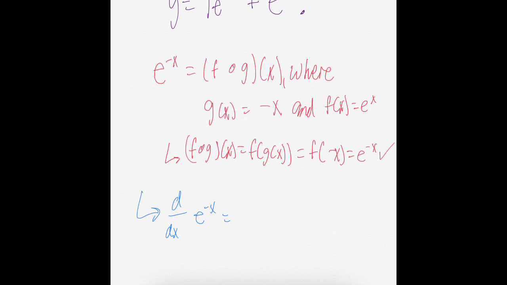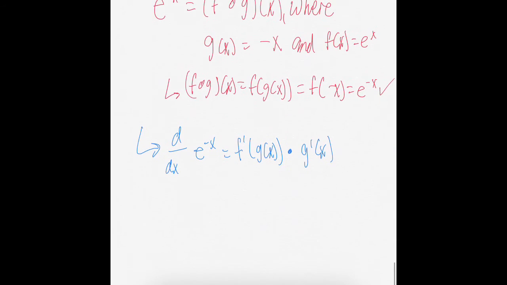I lost my train of thought. So the derivative of e to the minus x: we're going to take f prime of x, evaluate that at g of x, and then multiply that by g prime of x.